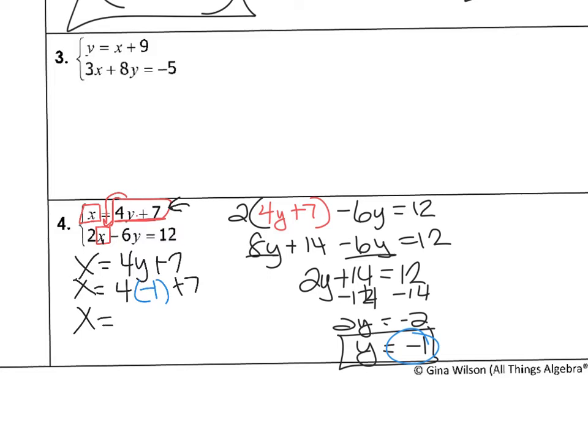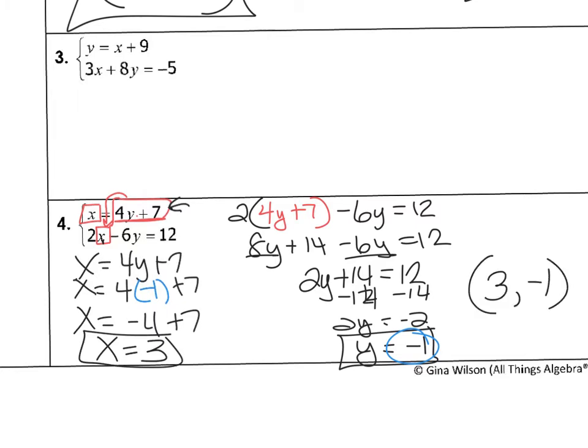So x equals -4 plus 7. So x equals 3. So my solution is going to be 3, -1. Okay, that's your solution. If I was to graph it, they would be intersecting at that point.